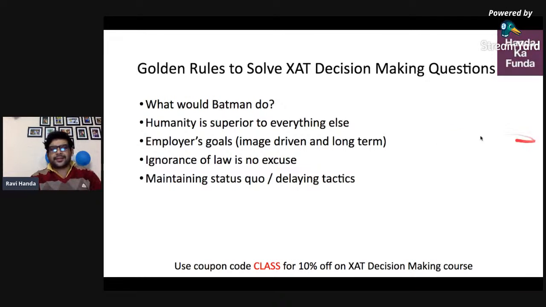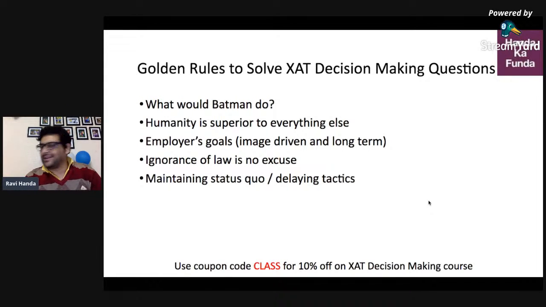Then this is something I've found immensely helpful in eliminating options. All questions will give you 4 options, and you'll need to figure out which option works. Invariably, one option will be don't do anything, delay it, decide after 6 months, or something like that. If a decision-making question is asked, then you're supposed to take a decision.